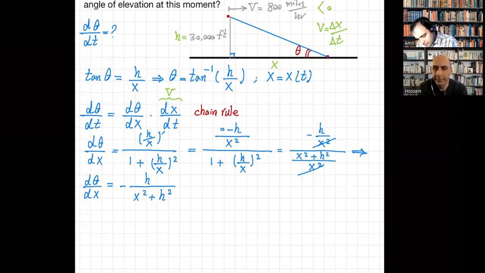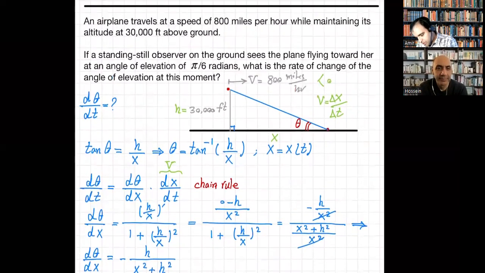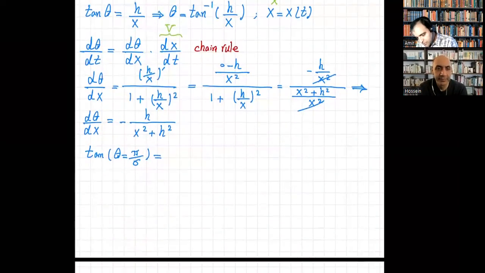Tangent of theta, which is pi over 6, is equal to h, which is 30,000 feet. You need to be careful here. They are in different units.